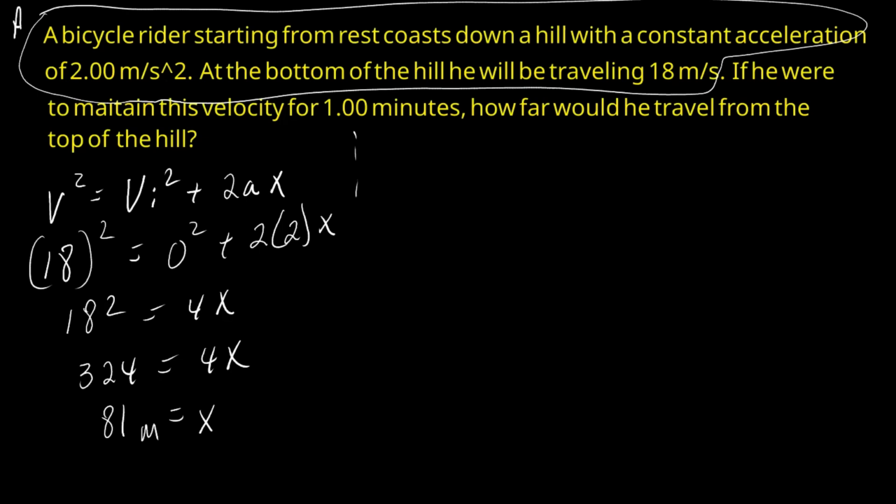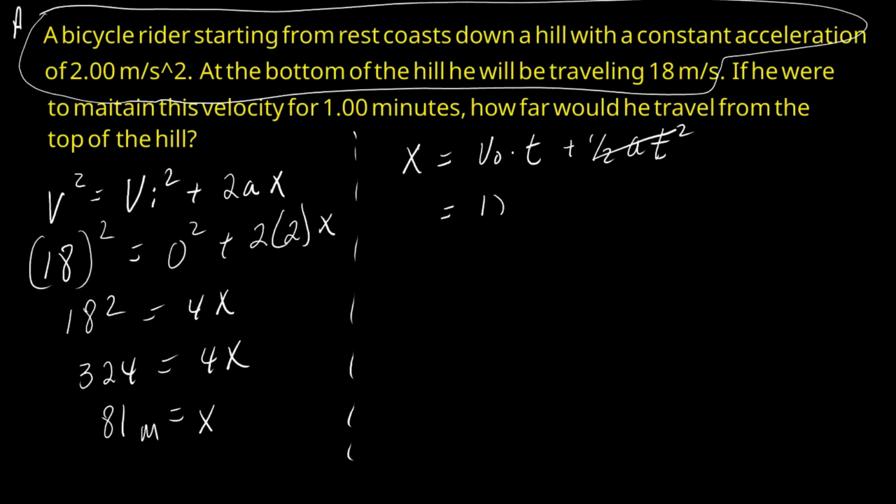All right, for the second part, he's going to be continuing at 18 meters per second for 1 minute. So we're looking for that displacement also. So again, we're going to use x equals the initial velocity times time. And since he's going at a constant speed, we can ignore that portion.